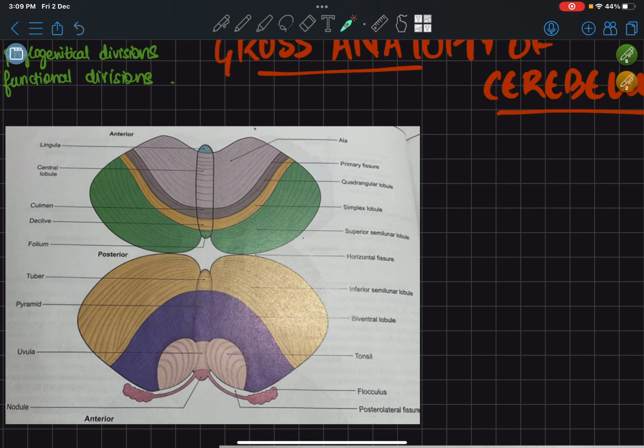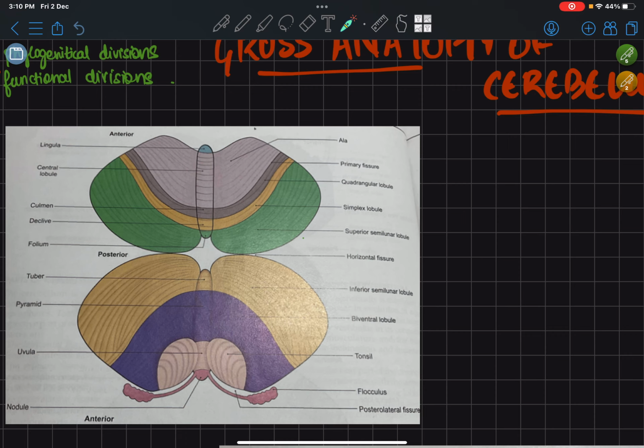And all these relations of what surface is superior and what is inferior will only be clear once you hold a dissected cerebellum in the dissection hall. Until then it will be the most confusing thing in the world, and then it will just get super easy for you. So that is the anatomical division, which divides the cerebellum into its parts: three fissures, horizontal, primary, posterolateral.